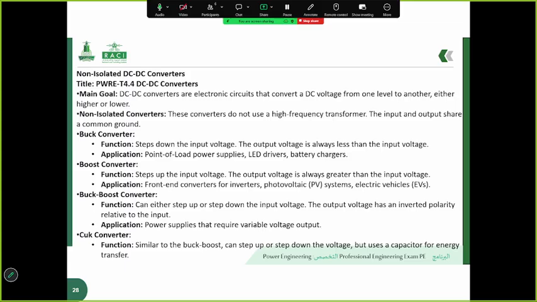So conversely, the boost converter is a step-up converter. It takes a DC input and produces a higher DC output voltage. The boost converter stores energy in an inductor during the switch on time and then transfers this energy, along with the input energy, to the output capacitor during the off time.